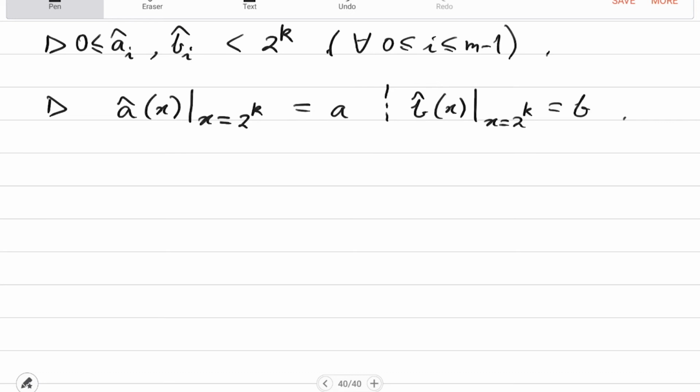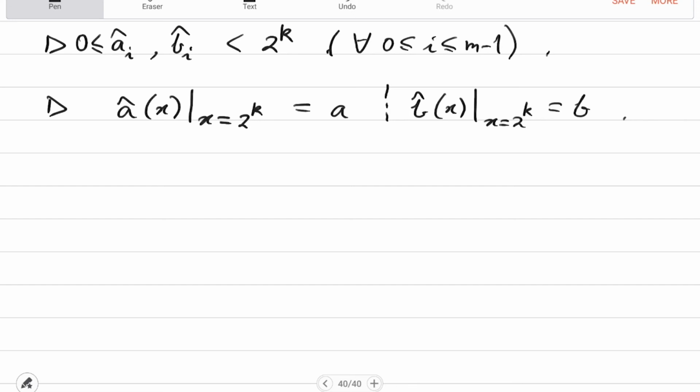So what you will do is you will now use fast polynomial multiplication to get a hat times b hat, and let's call it probably c hat, and in that c hat you substitute x to be this, or basically some value of a hat times b hat will give you a times b. That's the plan.